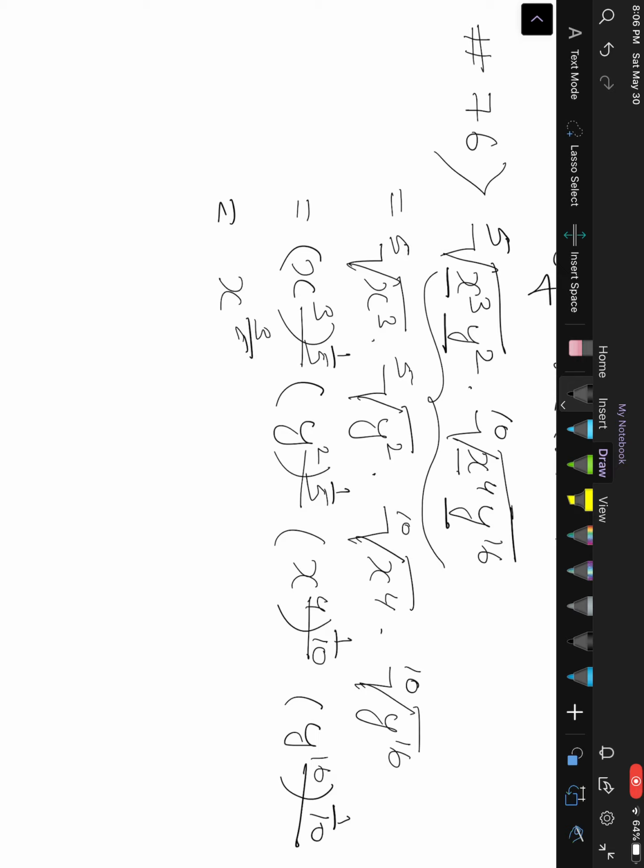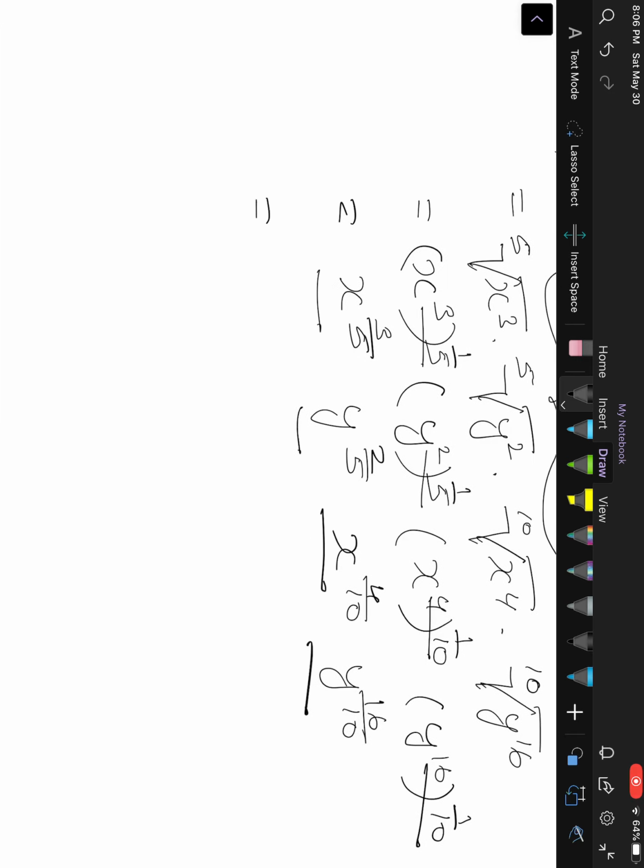So that would give me x to the power of 3 by 5, y to the power of 2 by 5, x to the power of 4 by 10, y to the power of 16 by 10. Now you can observe the bases are the same, so you can add the powers, again applying one of the rules of exponents. And we know that real numbers are associative under multiplication, so you can group like terms, and I will write it directly and add the powers. x to the power of 3 by 5 plus 4 by 10 times y to the power of 2 by 5 plus 16 by 10.